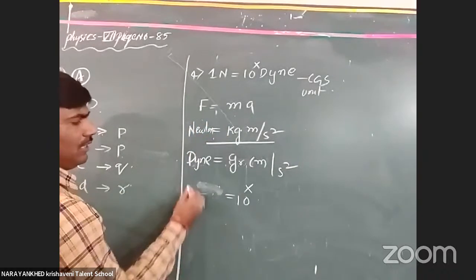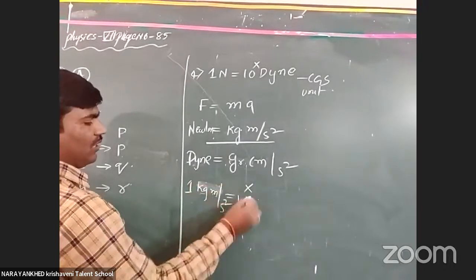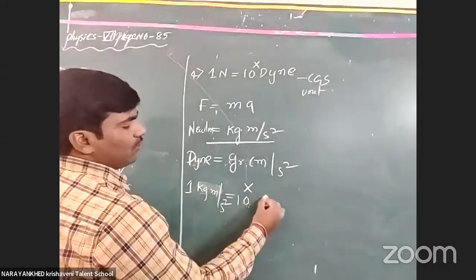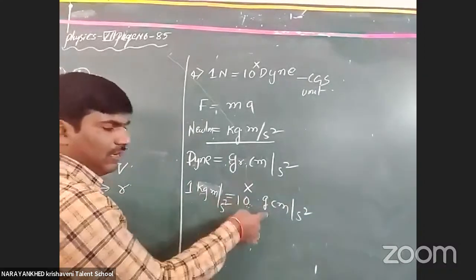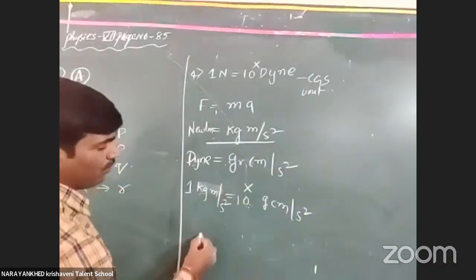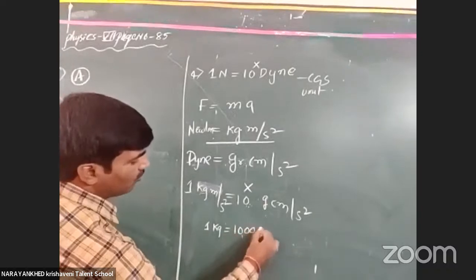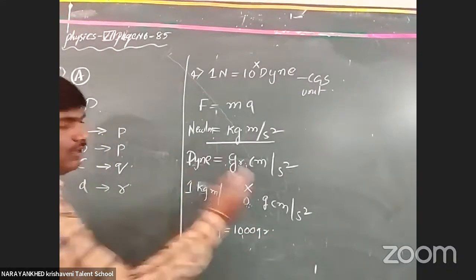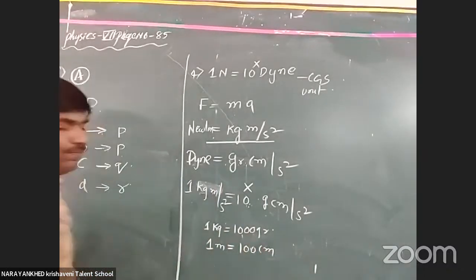Now you have to write here 1 Newton is equal to 1 kg meter per second square. Here you have to write 10 to the power of x, and what do we have to write? Gram centimeter per second square. You have to convert every value into the CGS system. 1 kg is equal to how many grams? 1000 grams. Clear or not? 1 meter is equal to how many centimeters? 100 centimeters.